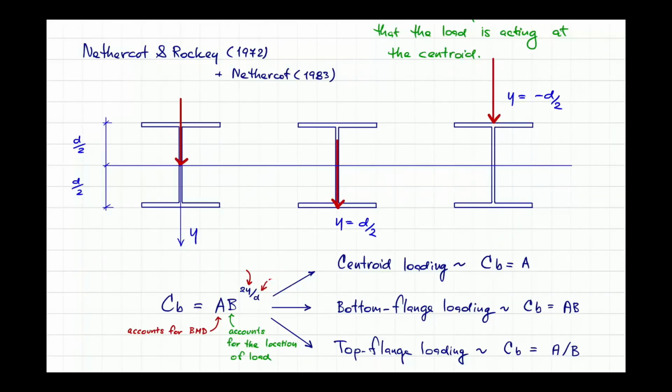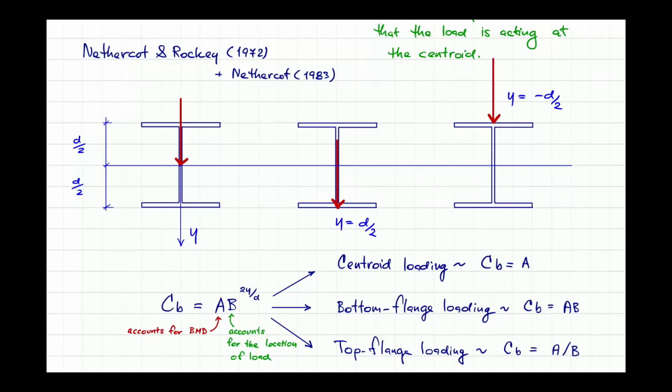The Y is given already, so Y pointing downwards, you get positive Y. Pointing upward, negative. Whatever is below the neutral axis, Y will be positive. So for the centroid loading, the B turns out to be 1. Then CB is equal to A only.